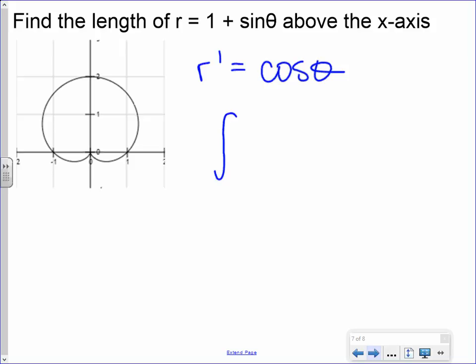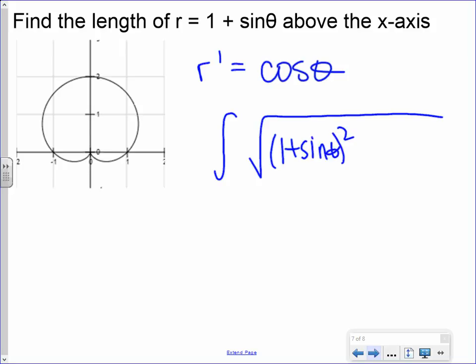So in our integral, we are going to have r squared plus r prime squared d theta. Now, we can go from 0 to 2 pi, or in this case, we could go from like 0.